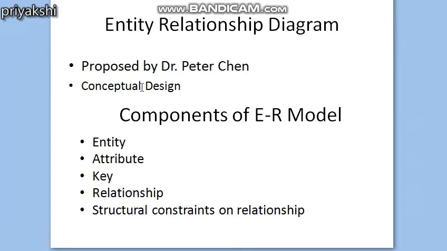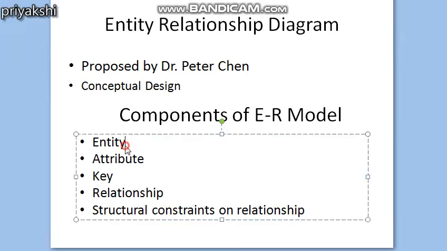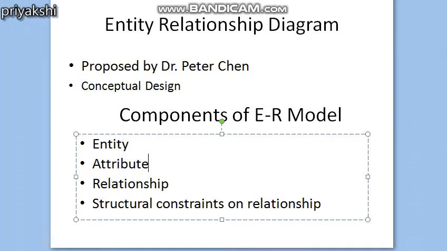Now we will see what the different components in an ER model are. An ER model consists of entities, attributes, relationships, and the structural constraints on the relationships.